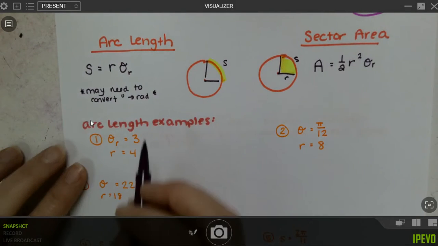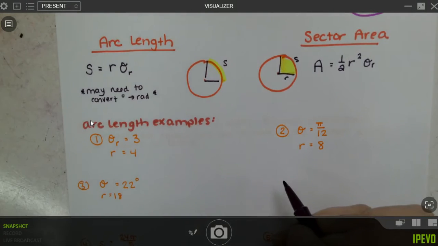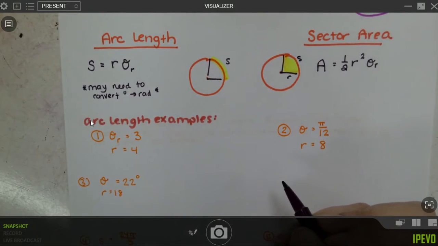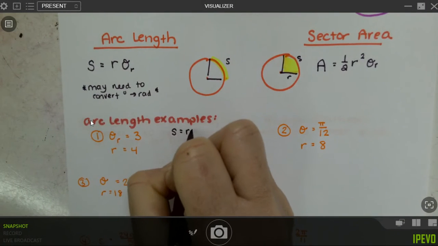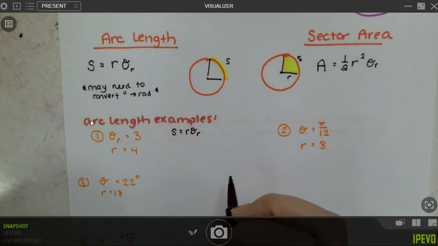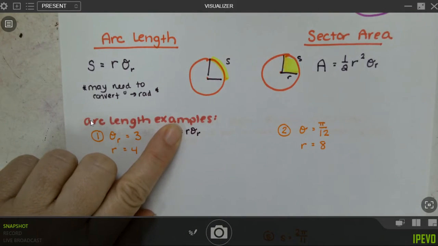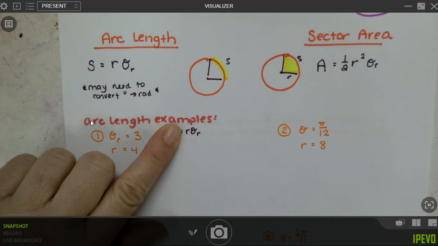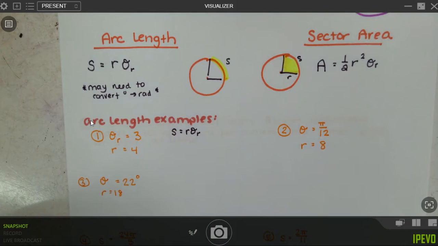Whenever you're doing examples, especially when you're using a formula, I always recommend that you write the formula each time. Don't leave off any part of it. A lot of people like to just write down this part of it and forget the beginning on the other side of the equal sign. But you need to remember that because sometimes you might actually get this and need to solve for something else. So let's substitute.